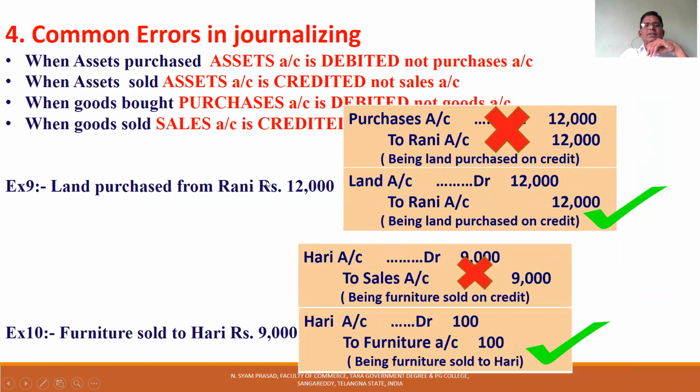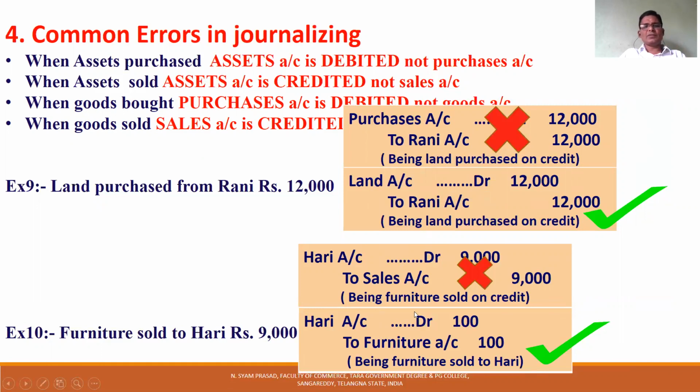Fixed assets. When it comes to furniture sold to Hari, whatever is sold, usually students create sales account. No. Sales account is credited whenever goods are sold. When furniture is sold, furniture account is credited, and Hari is a receiver, so Hari account is debited. This is correct.